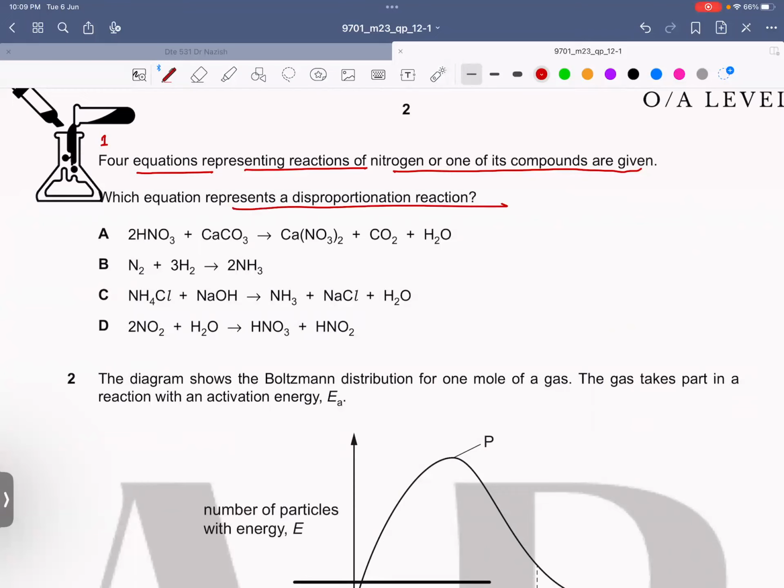If you recall, a disproportionation reaction is a reaction in which one species undergoes both reduction and oxidation. Okay.